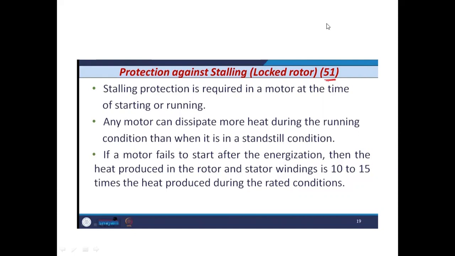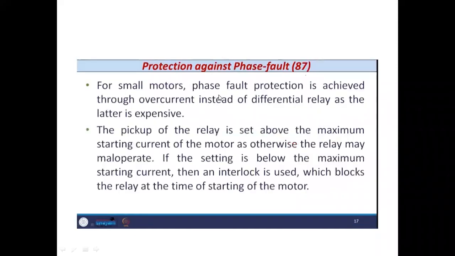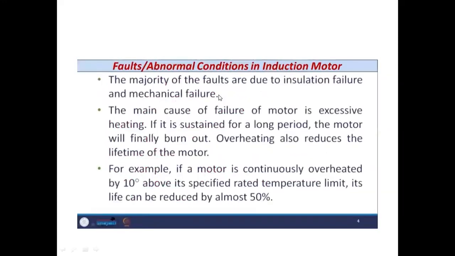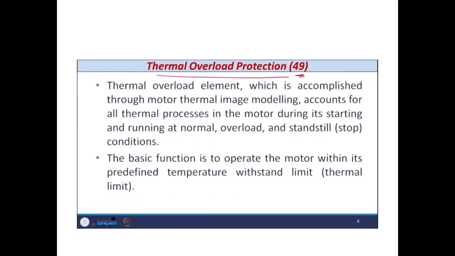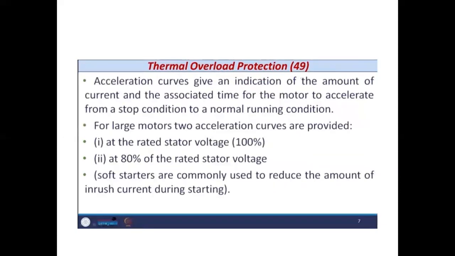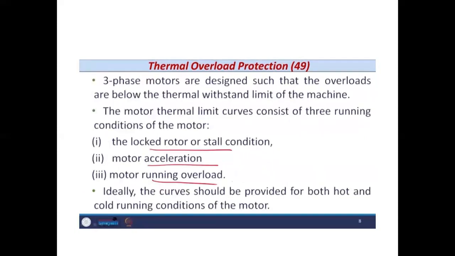So we have started the protection of induction motor, and we have started the discussion of fault or abnormal conditions in induction motor. In this scenario, we have discussed the thermal overload protection. For this, the 49 relay is used.